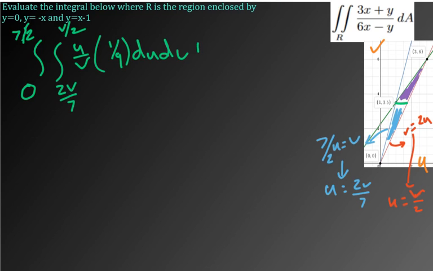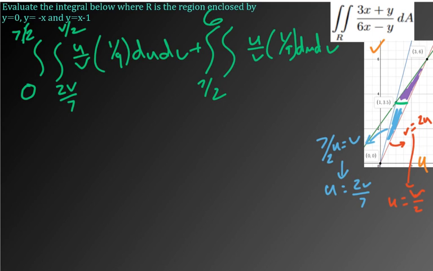And then, of course, that's just half of it, right? We've got to do the exact same thing, u/v over 9, du dv, and you've got to do all that same stuff. You're going from 3.5 up to 6 now in the numeric integration at the end, so 7/2 up to 6. And then in regards to the line, you're going to go from the green one to the red one.